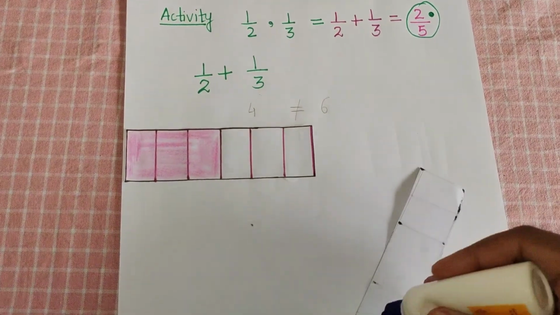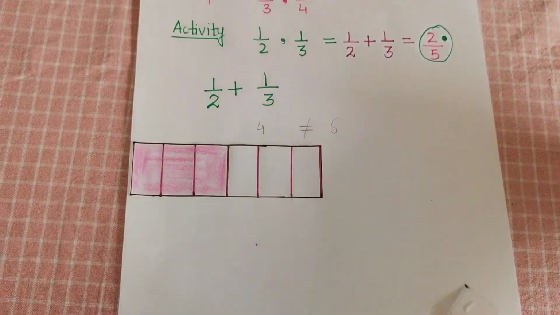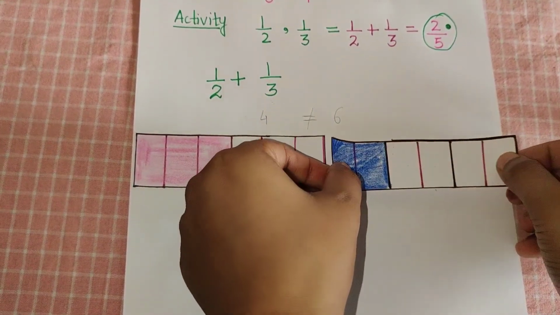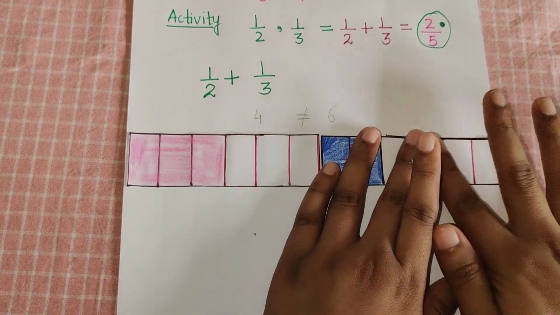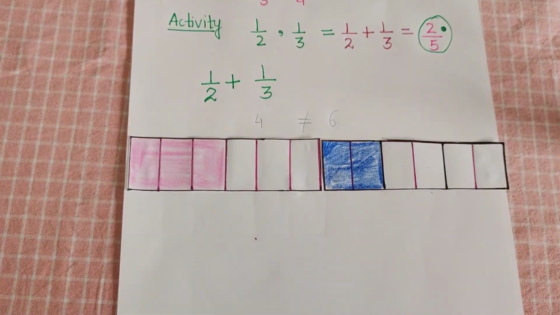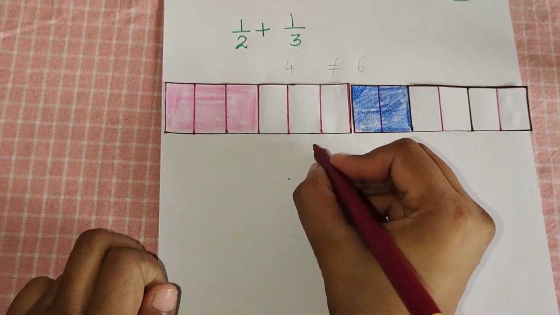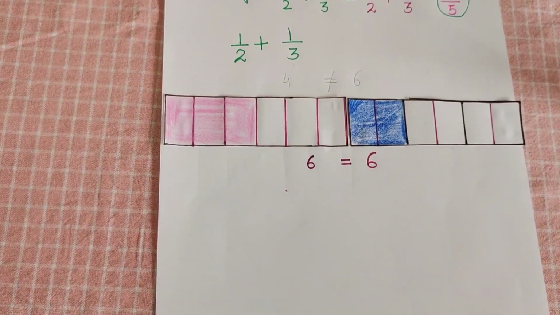Another one like this. Children, one more new thing we have noticed here is that we have got 6 equal to 6. Now we can add this.